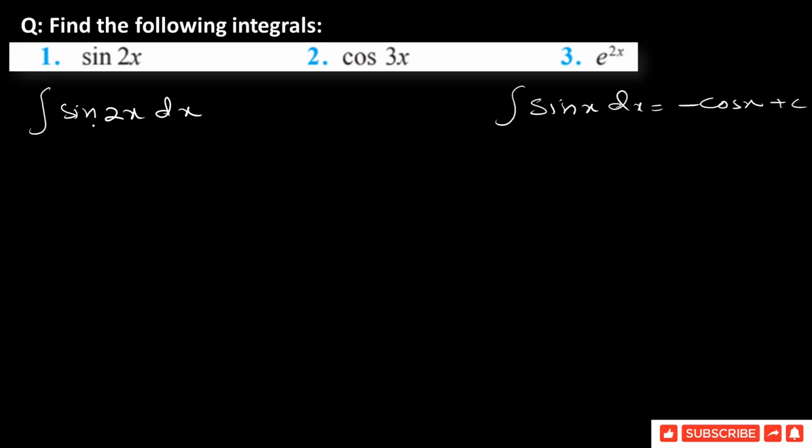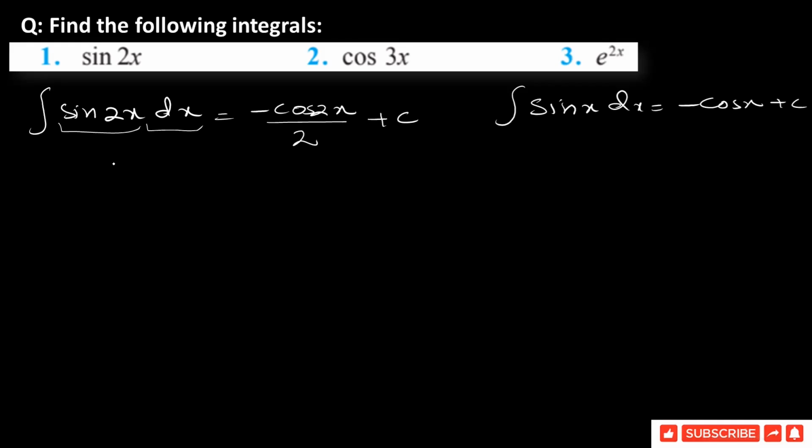So we must write negative cos 2x, but down here we need to write 2 as well, plus c. So we discuss the reason why we are writing 2 in the denominator. Since you have a function of x, the dx must have the complete derivative of sine of 2x.